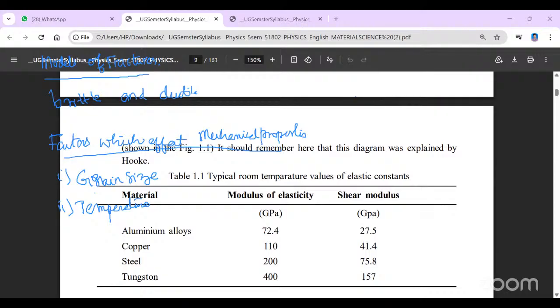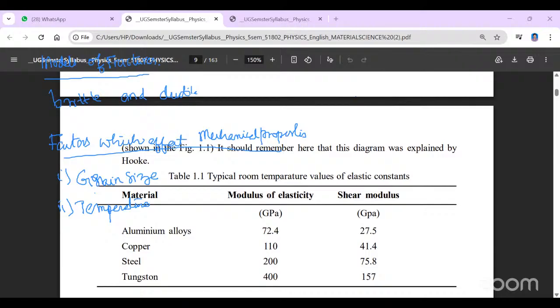Creep increases with time and reduces the toughness of the material. So we have to choose a material whose creep value is less at higher temperature, meaning less deformation of the metal with time under a certain load. When we raise the temperature, the fracture stress and stiffness of metals may decrease. So that is also a factor which affects the mechanical properties.